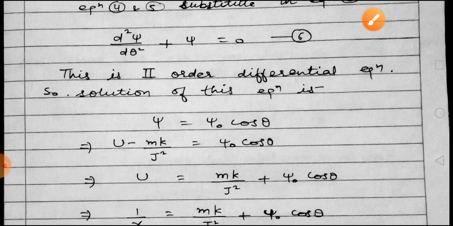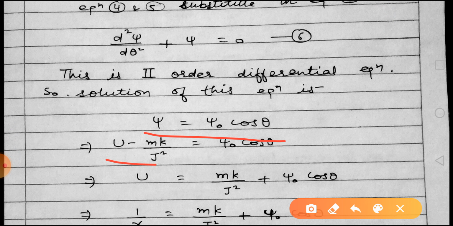So equation 6 is a second order differential equation which has two solutions, one in sine form and the other in cosine form, but here we take only one solution, the cosine form. Then psi is equal to psi naught cos theta. Putting the value of psi, u minus mk upon J square is equal to psi naught cos theta.